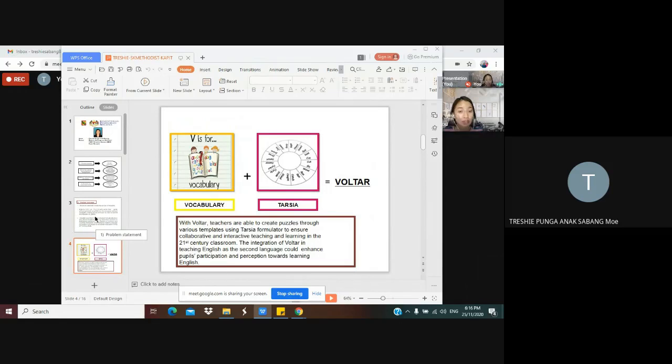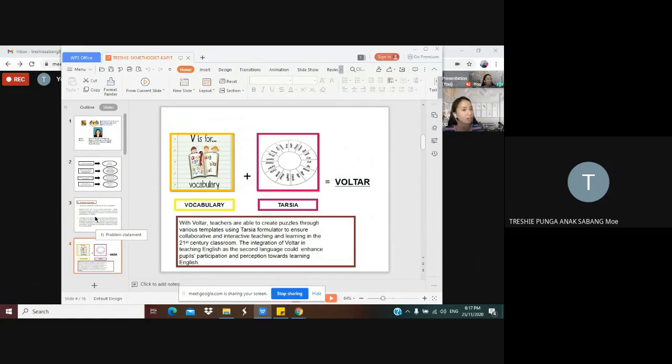And with Voltar, teachers are able to create puzzles through various templates using Tarsia formulators to ensure collaboration. The integration of Voltar in teaching English as a second language could enhance pupils' participation as well as perception towards learning English.